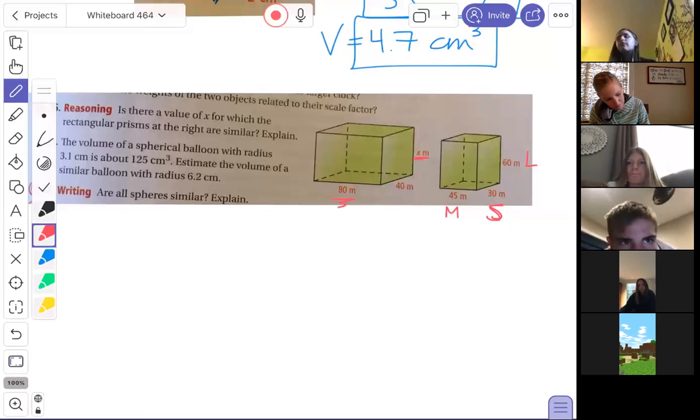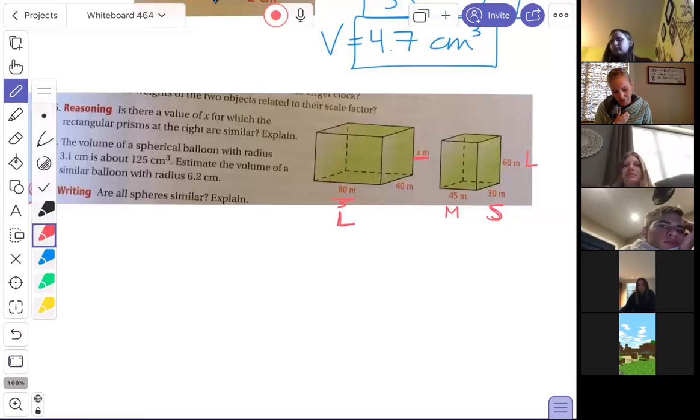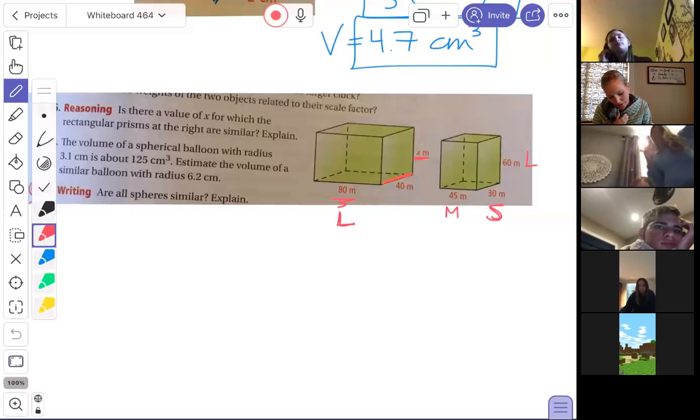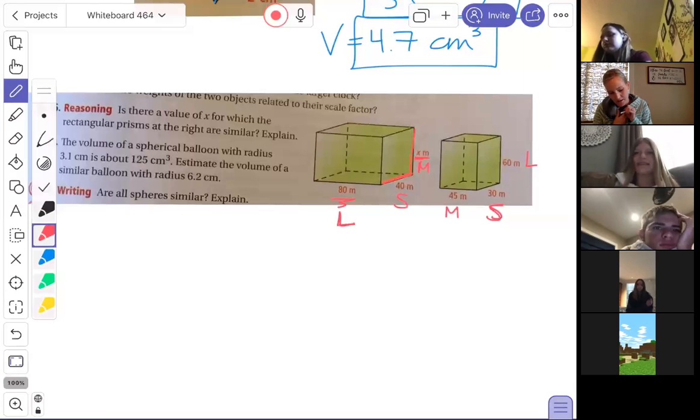So if this is my largest side, then I have something and 40. This one looks smaller than this one, so I would try this as my smallest and this as my medium side.